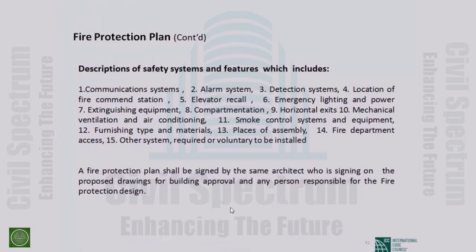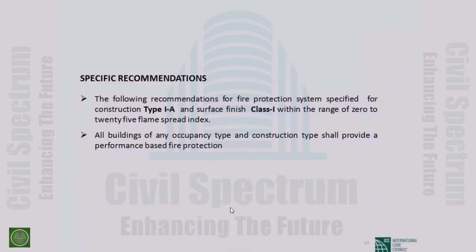Now I'll talk about the special requirements of different occupancies. These are the specific requirements of some buildings. Before giving the recommendation for any occupancy, we are taking the assumption that the building construction type is 1A and the building surface finish is class 1.